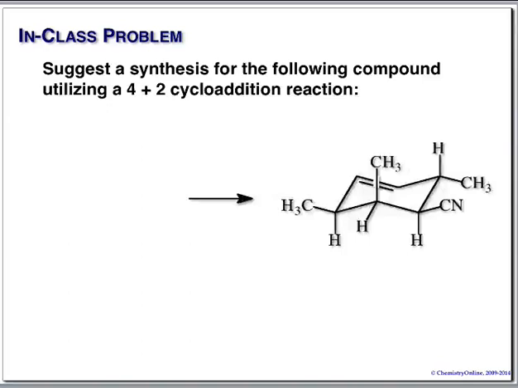All right. This one, a little more complicated. We look here first at our dienophile. We have axial equatorial. What is that? That's cis. Therefore, we have a cis dienophile.